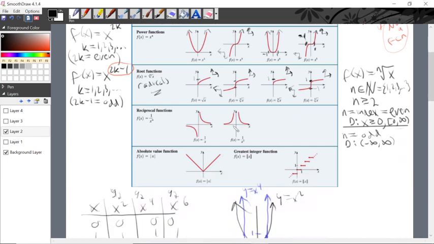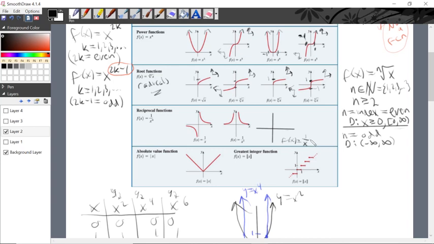Okay? The reciprocal functions. So 1 over x, for example, right? But let's extend upon this. What would it look like if we had another odd power? What if we wanted to graph f of x is equal to 1 over x cubed, for instance, right?